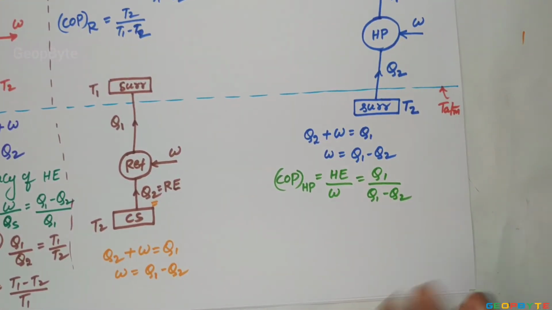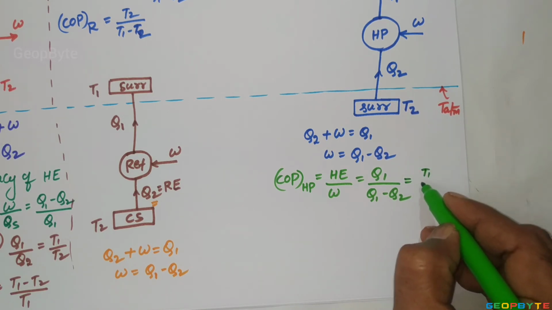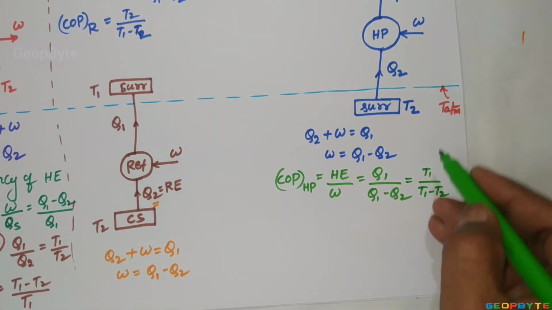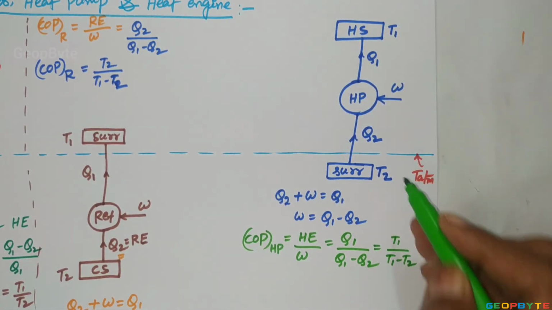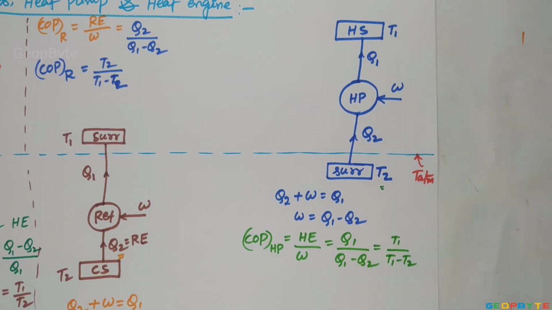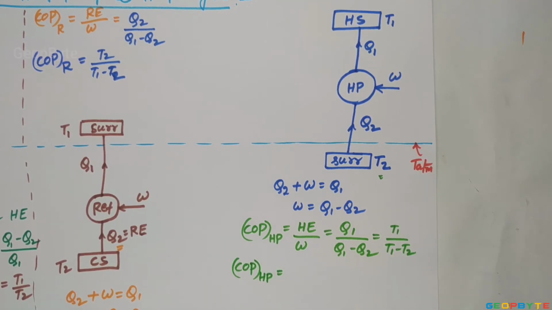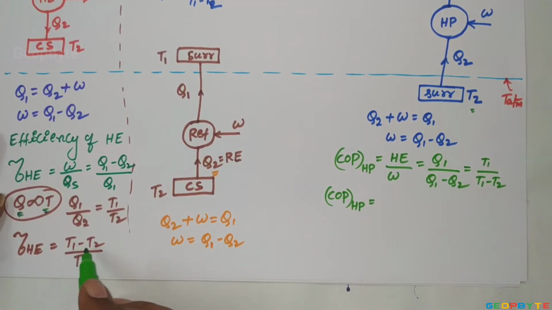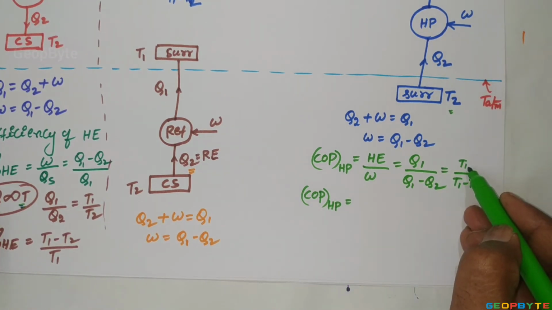Since heat is proportional to temperature, it can be written as T1 by T1 minus T2, where T1 is the highest absolute temperature and T2 is the lowest absolute temperature. Now the COP of the heat pump can be written like this. Look at the efficiency of the heat engine: it is T1 minus T2 by T1, whereas the COP of the heat pump is T1 by T1 minus T2.